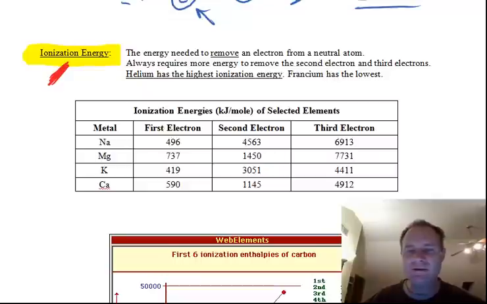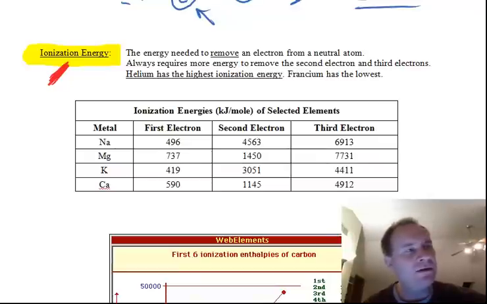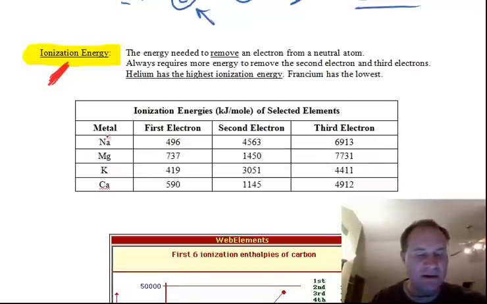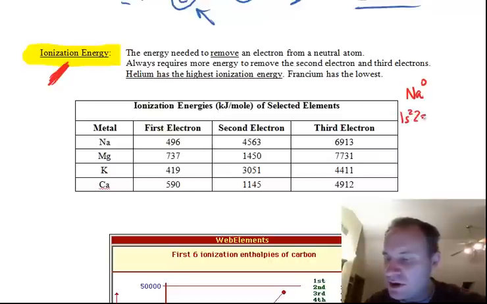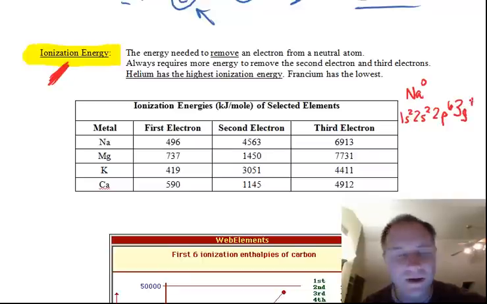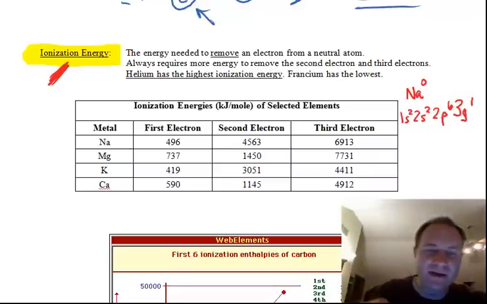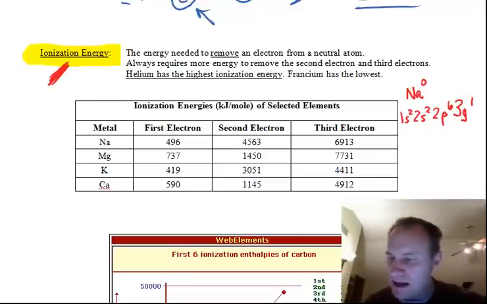With my periodic table in hand, I'm looking right now at a glorious sodium atom. I'm going to write it out: 1s2, 2s2, 2p6, 3s1. As I look at that, here's what I see.